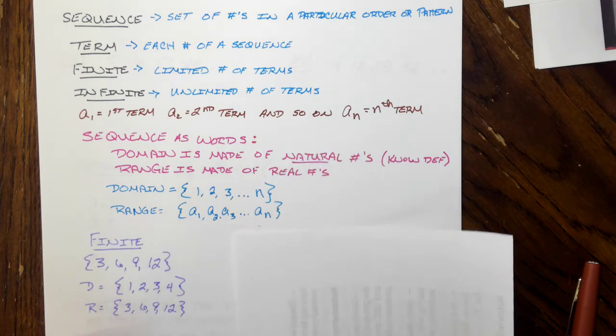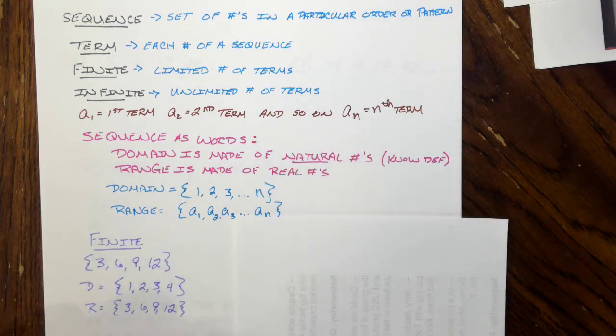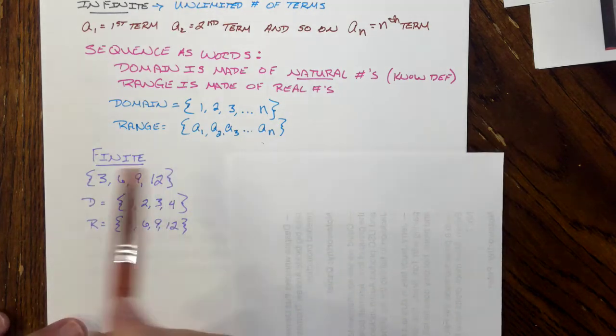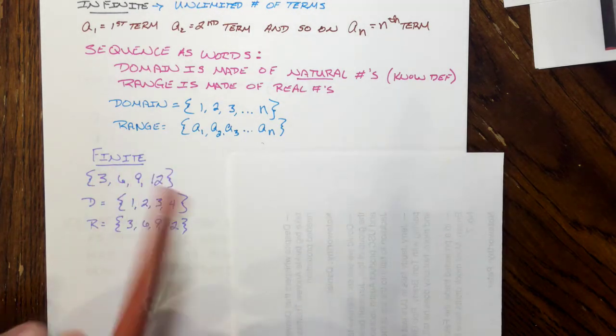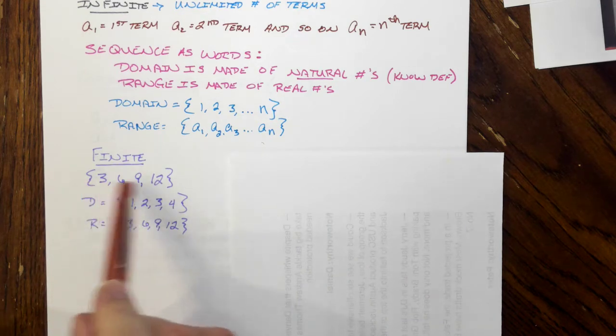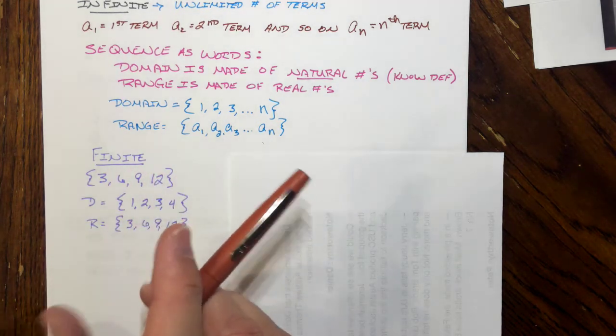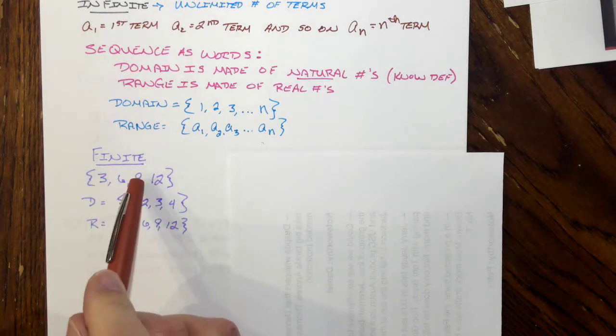Just a little bit of an example here. Here we have a finite sequence. So we got our fancy brackets back out. With a finite sequence, I'll just give you 3, 6, 9, 12. What's our domain? It's not listed. This is the key ingredient. You've got to know what natural numbers are. I see 1, 2, 3, 4 terms.